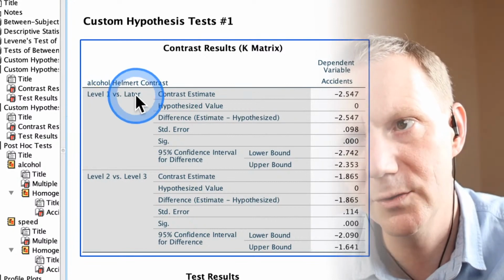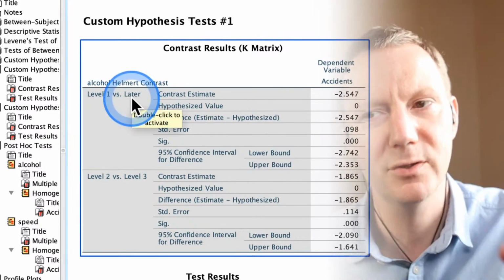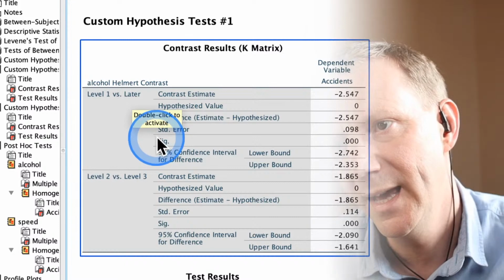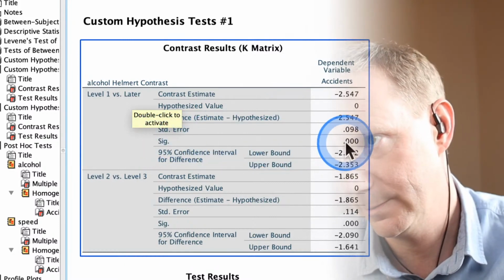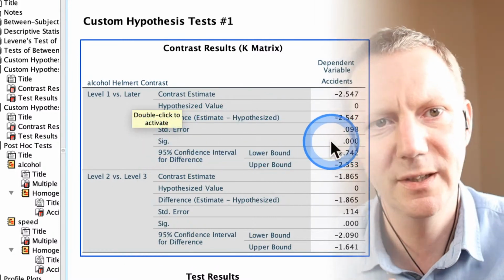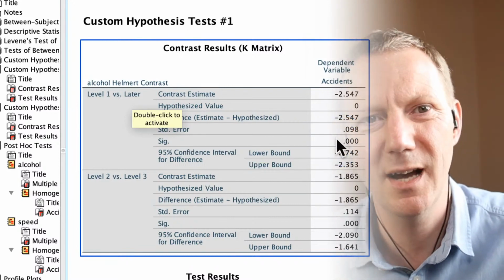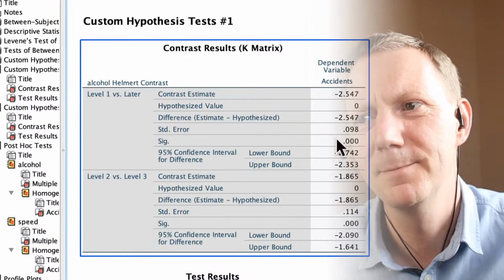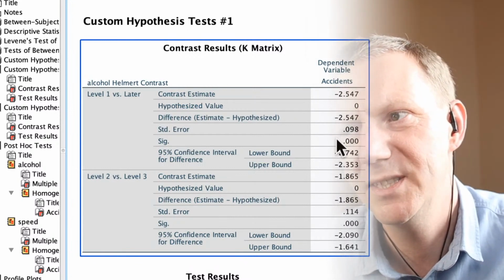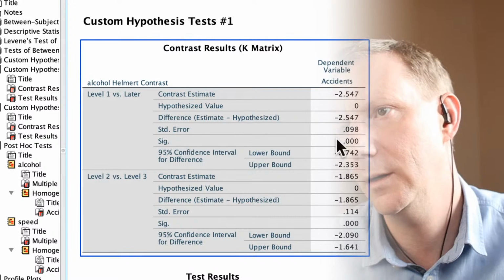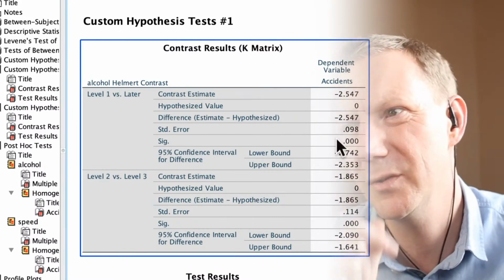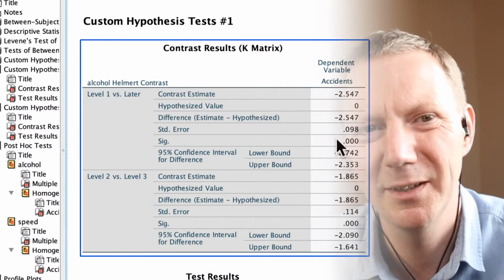So it's level 1 versus all the levels later that you have. And that is a significant result. So essentially it's saying using drugs of any sort, either alcohol or speed, will increase the amount of accidents. At least we have to look at the means, of course, but this is in line with our results.